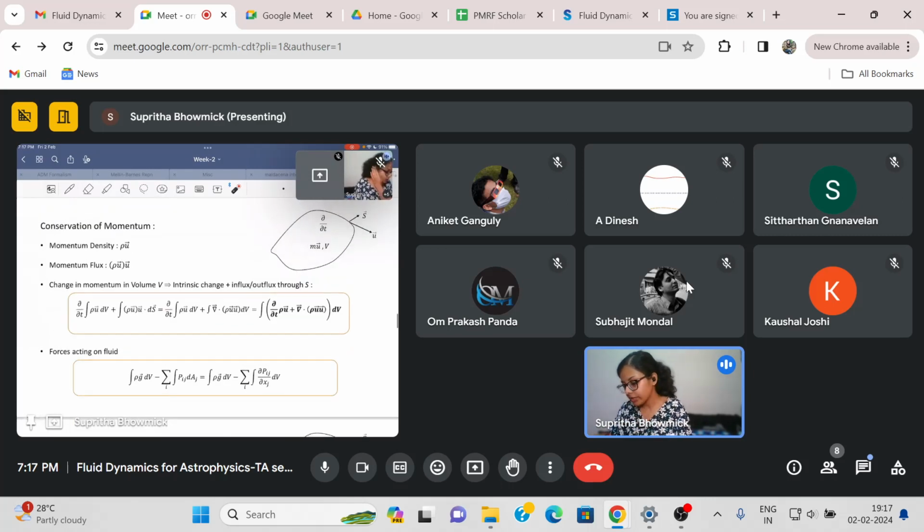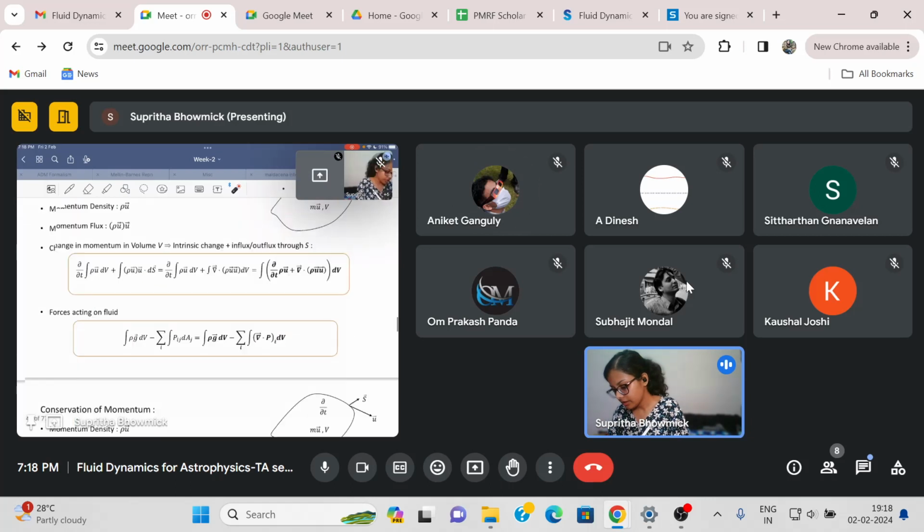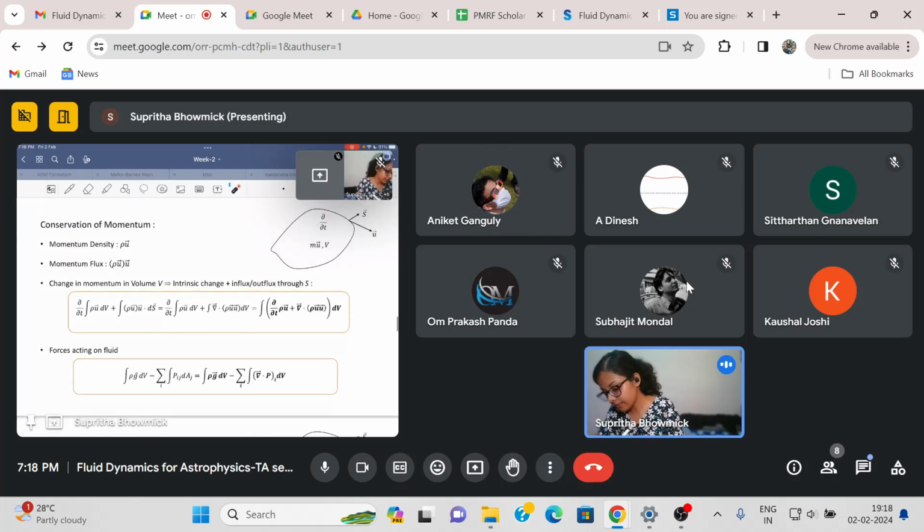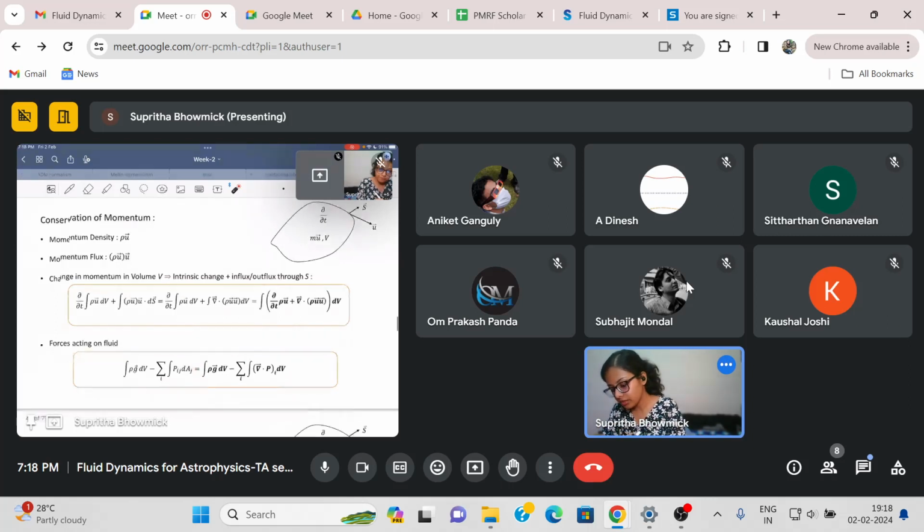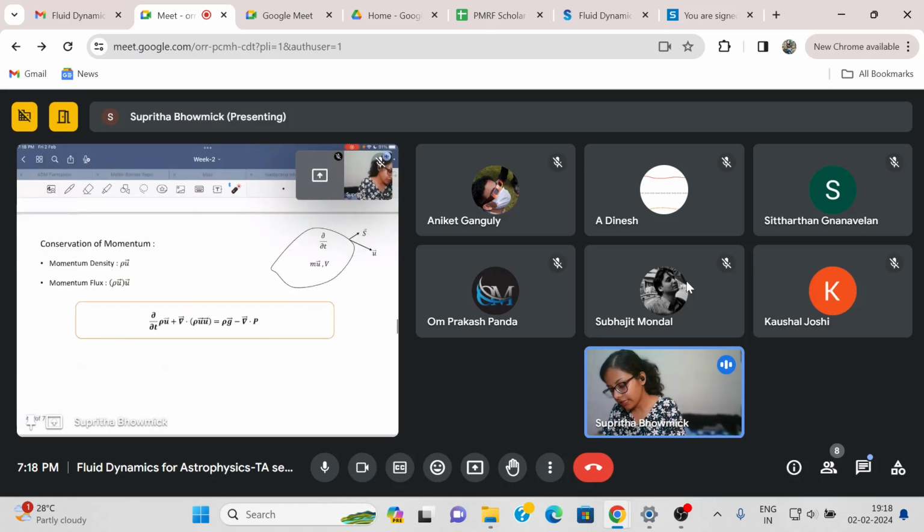So what one can do is rewrite this term as this. You guys can see my cursor, right? This is visible, the red thing. Yes. Okay, and then we end up with such an expression. So now all that's left to do is equate these two, and we get the conservation of momentum equation.